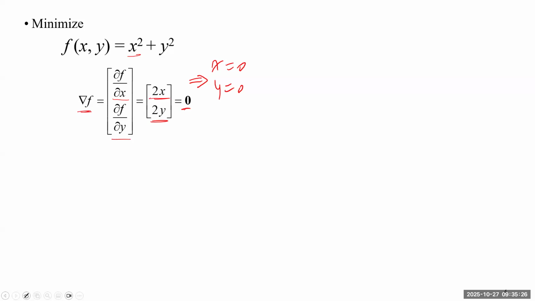But if you don't want to utilize any geometric ideas, you can definitely calculate the second order derivative. If you calculate the second order derivative, you will find it is a positive definite matrix. I will show that later. So here, let's visualize this gradient vector.